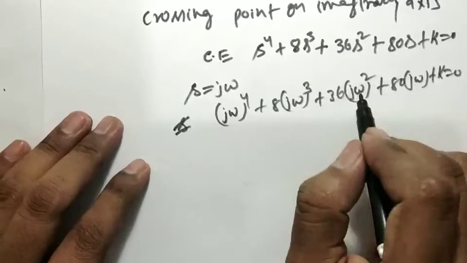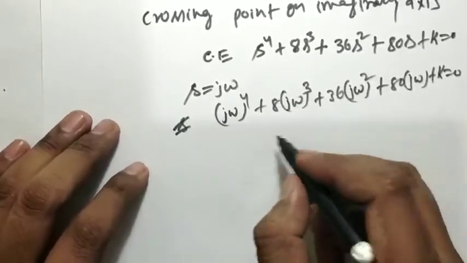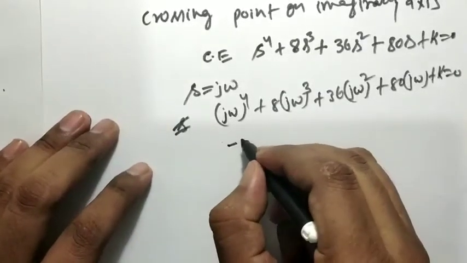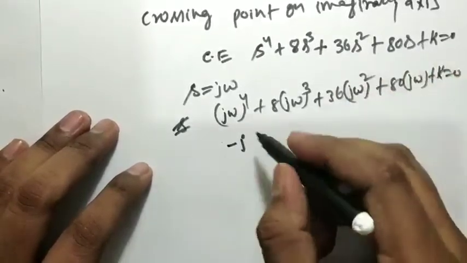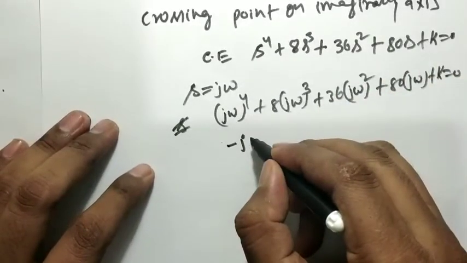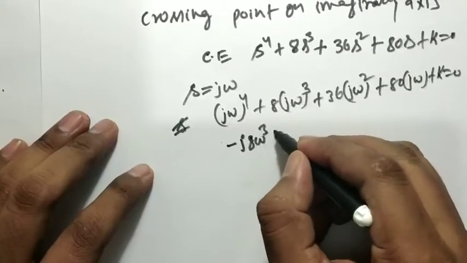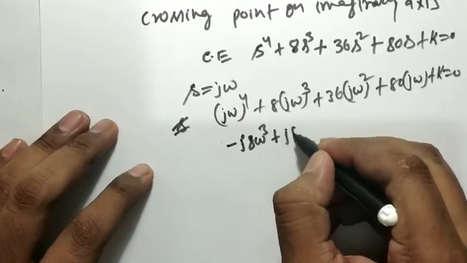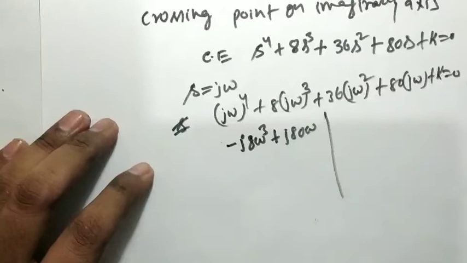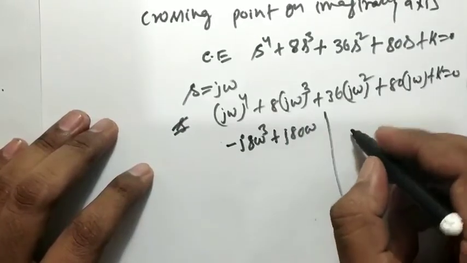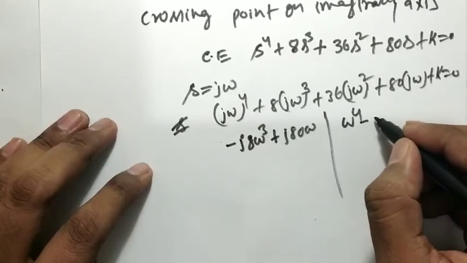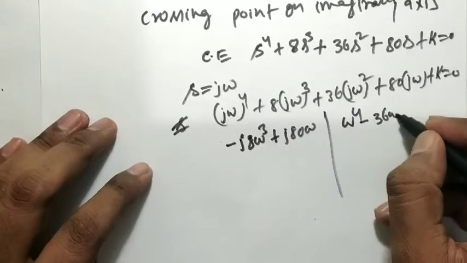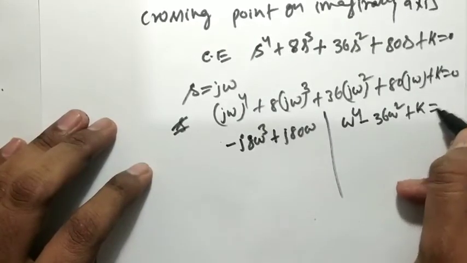If we separate the real and imaginary parts, the imaginary part is minus j 8 omega cubed plus j 80 omega, and the real part is omega 4 minus 36 omega square plus k is equal to 0.